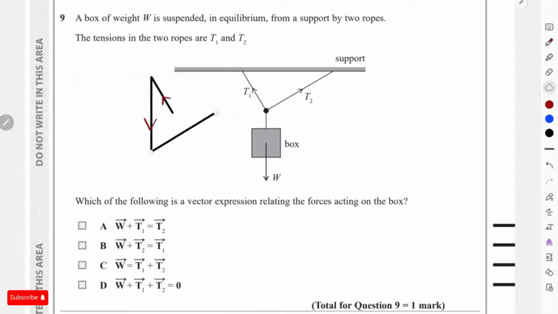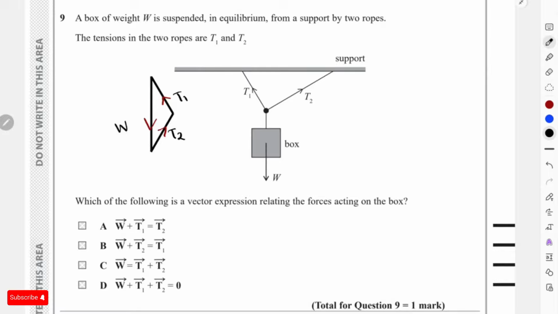So I'll just draw the T2 over here in this space and connect it like this. So the T2 was actually in this direction. As you can see, if you start from over here, this goes to this point, and this point, and then again this point. So this is weight, this is T2, this is T1.